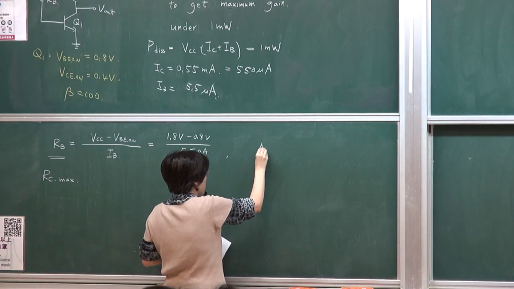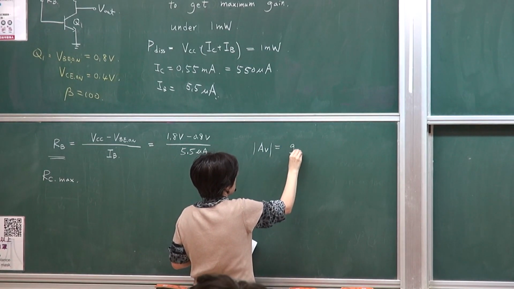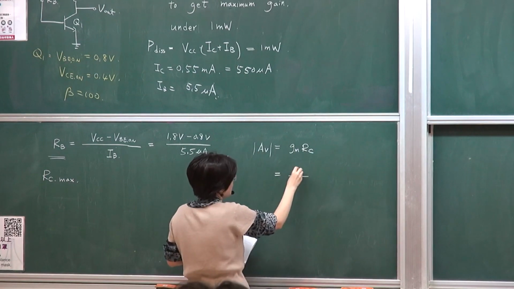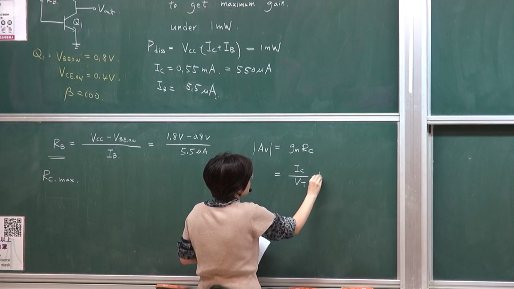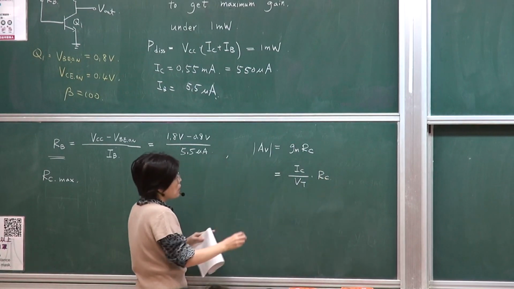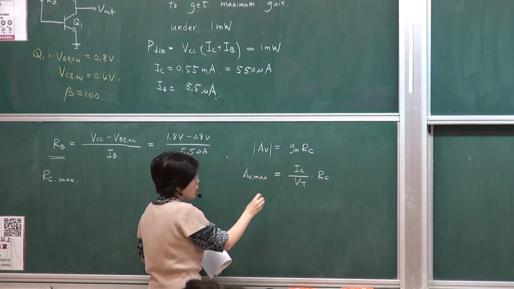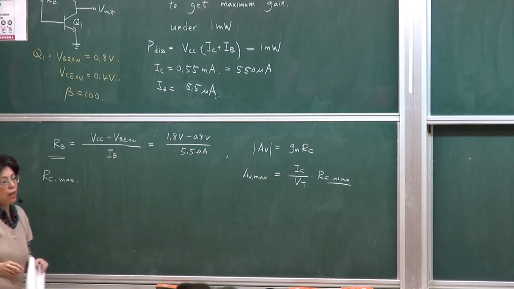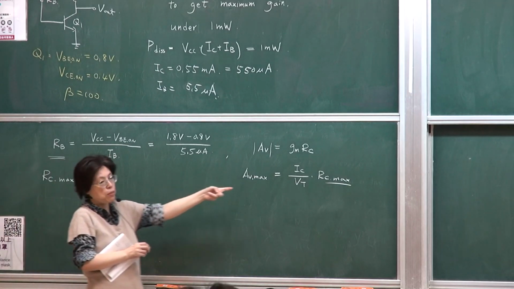The voltage gain of this circuit, the absolute value, will be GM RC. I already know my collector current. To get maximum gain, we need to see what is the maximum level of your collector resistance. So IC maximum will give me the maximum gain.